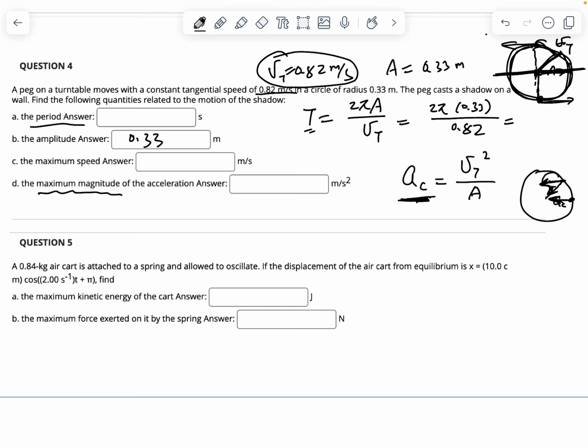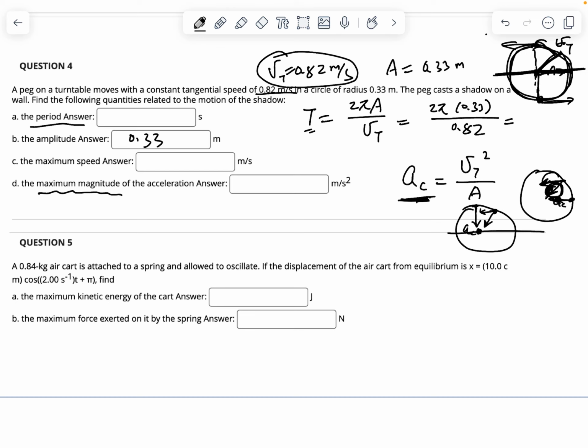So the centripetal acceleration actually is your maximum. When the object reaches here, this is the centripetal acceleration, but the acceleration of the simple harmonic motion is this, which is not a maximum one. When you are here, there are no components in the horizontal direction, because for the simple harmonic motion the object is at the equilibrium location.